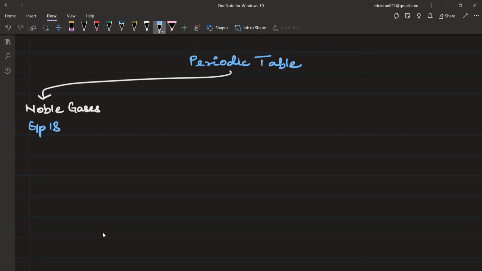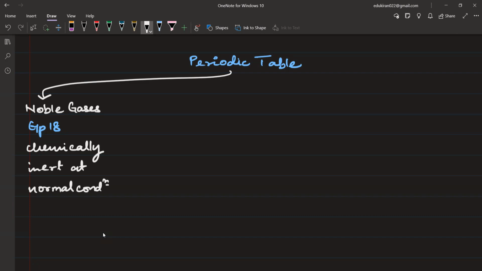They don't react easily, right? We can say they are chemically inert at ordinary conditions, at room temperature, at normal conditions. Then we have the next, which is known as the representative elements.